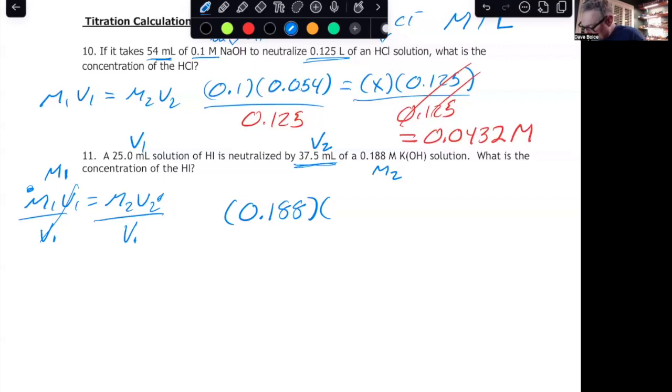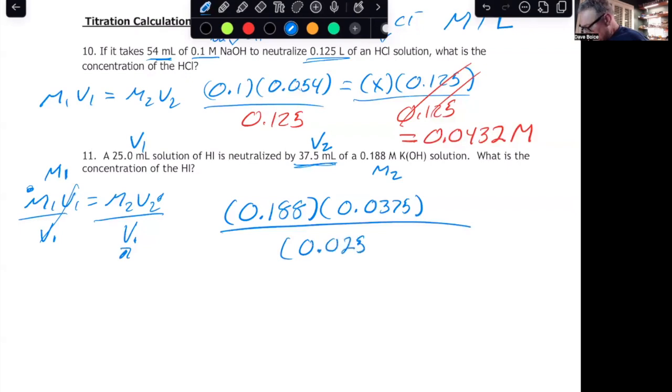I need to convert that to liters, so 0.0375, and then divided by my V1, and my V1 is 25 milliliters. So once again, 0.025 liters. And then I can just put that in my calculator, and that's going to come out to 0.282.